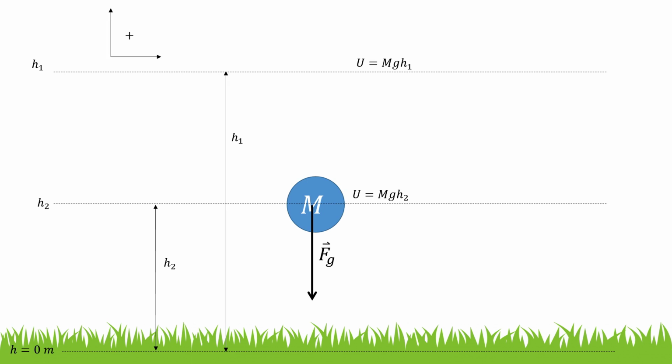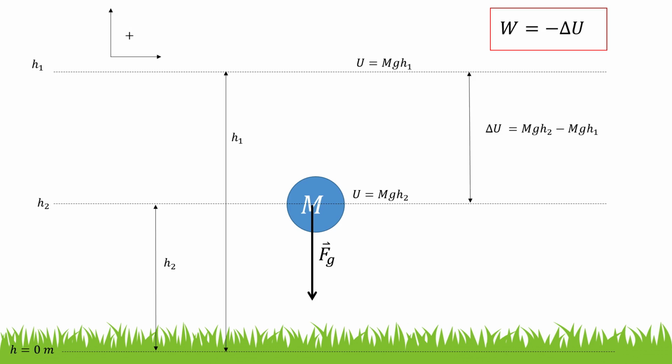So the work done by gravity in the mass falling from h1 to h2 is mgh2 minus mgh1. Notice the work done by gravity is positive because the force and displacement are in the same direction, but the change of potential energy is negative because h2 is smaller than h1.